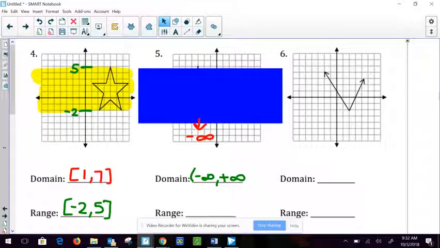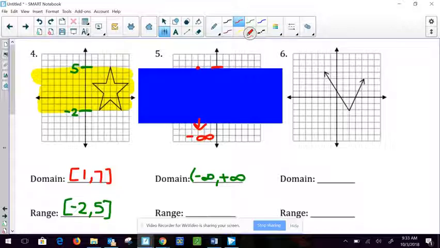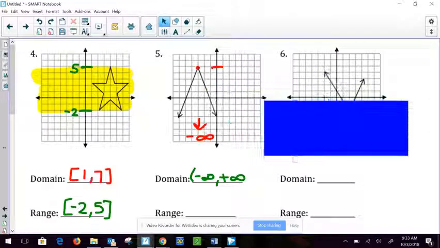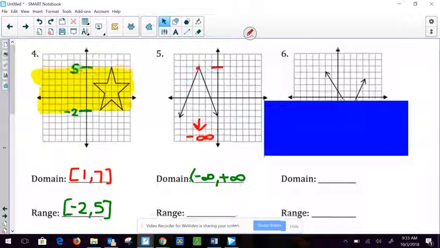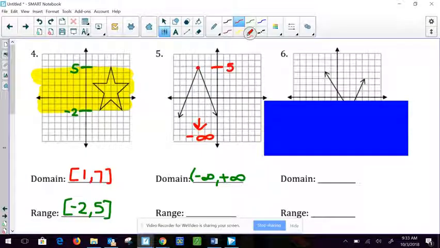This dot right here, our graph does not go past. So right there is the tippy top of my graph. So if I look here, 1, 2, 3, 4, 5, that is the top part of my graph. So while the domain is negative infinity to positive infinity, my range, bottom to top, is negative infinity, but it definitely does not go above the 5.